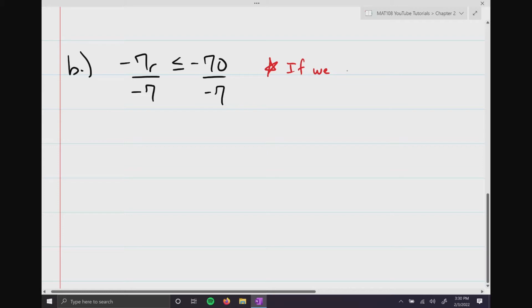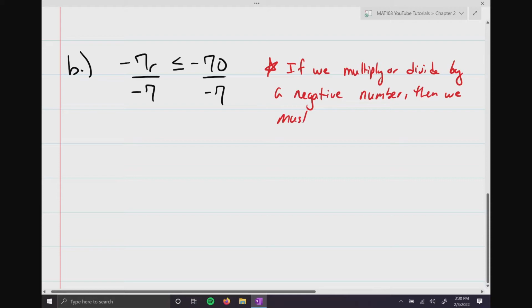So if we multiply or divide by a negative number, then we must, and this is huge, we must reverse the inequality symbol. Okay?